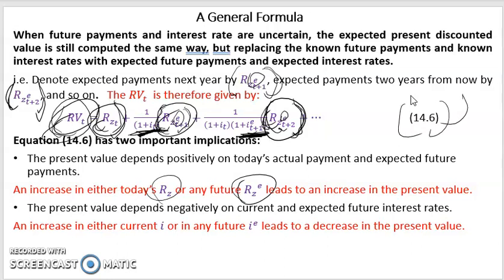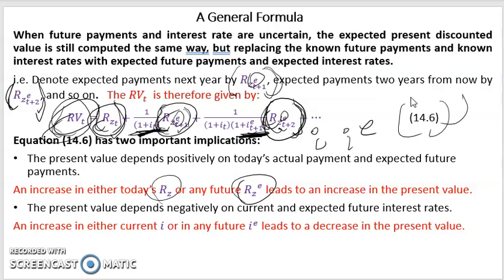The second implication is that the present value depends negatively on current and expected future interest rates, such that an increase in either the interest rate i or the future expected interest rate leads to a decrease in the present value.